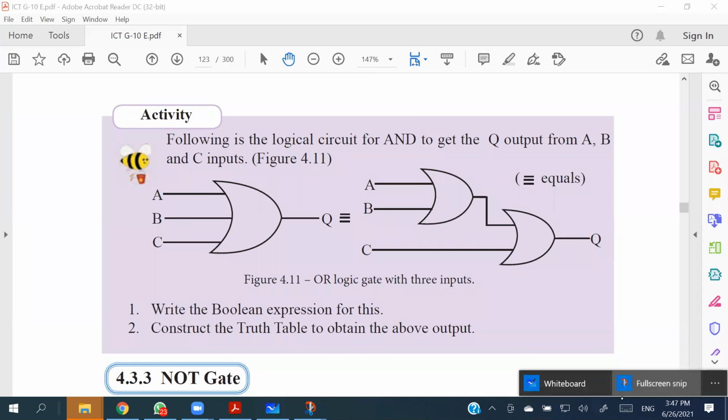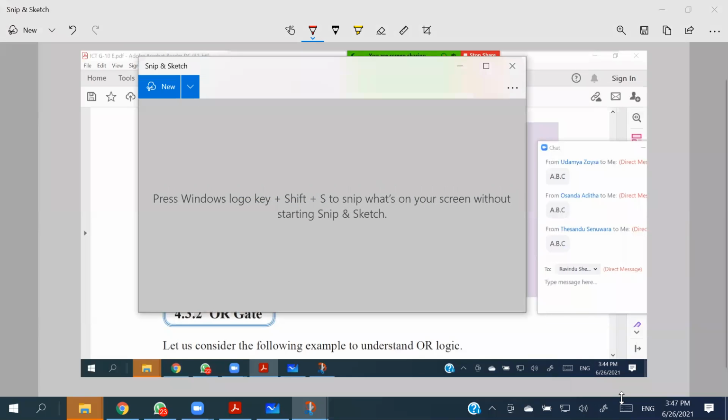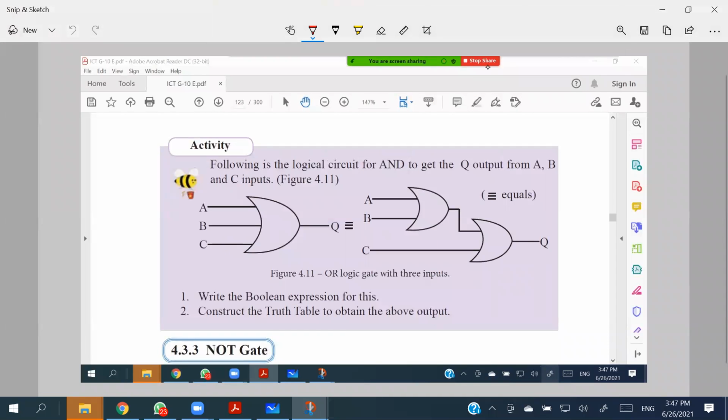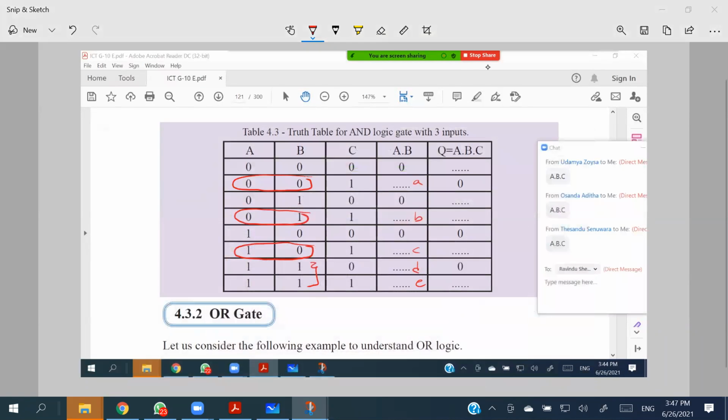In this particular picture, in Q, you are going to receive A plus B plus C because this is an OR gate. Here you are going to receive A plus B and C is received over here. So Q is equals to A plus B plus C again. So something very simple.